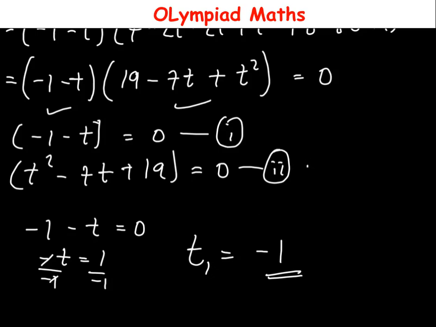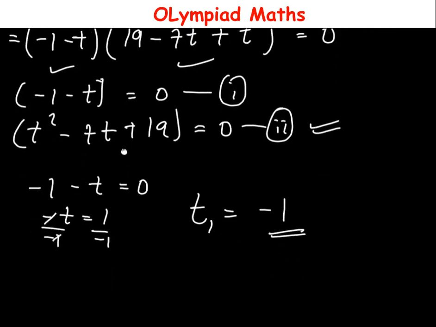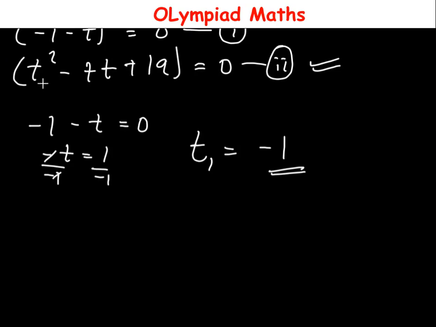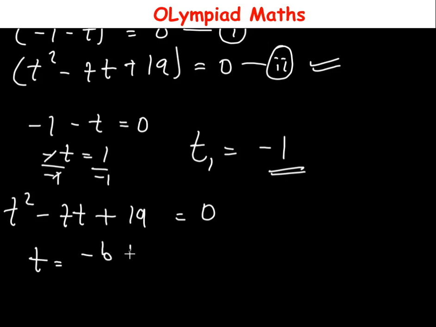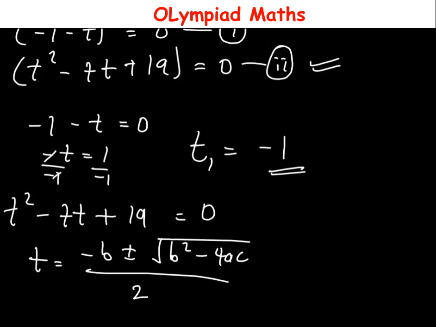So from the second equation, to solve for t, looking at it, we have a quadratic equation. We have t squared minus 7t plus 19 is equal to 0. To solve this, we'll make use of the quadratic formula, which is given by, now we are solving for t, so t is equal to minus b plus or minus square root b squared minus 4ac all over 2a.